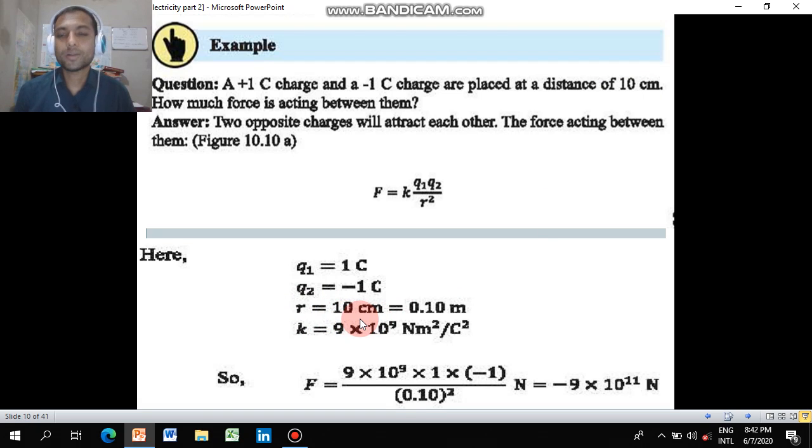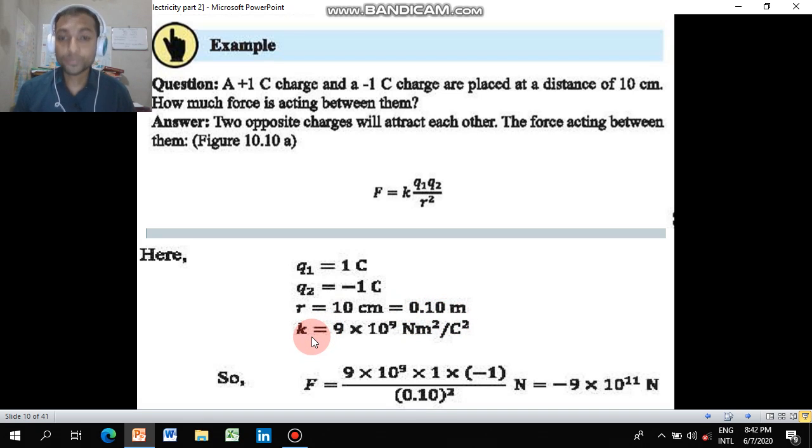Now if we convert centimeter into meter, we have to divide by 100, because 1 meter equals 100 centimeter, and we get 0.10 meter.